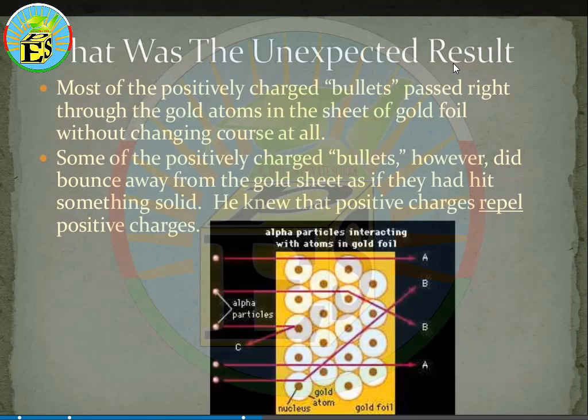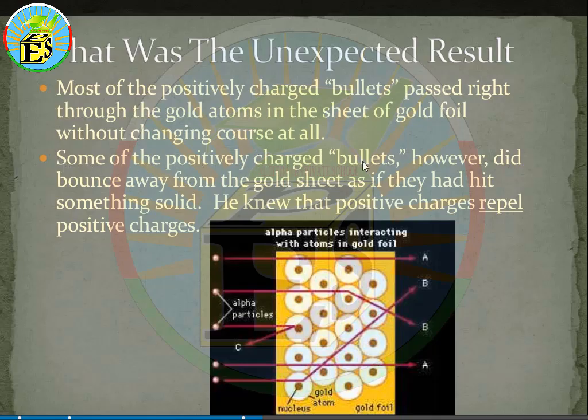What was the unexpected result? Most of the positively charged alpha particles passed right through the gold atoms in the sheet of gold foil without changing course at all.